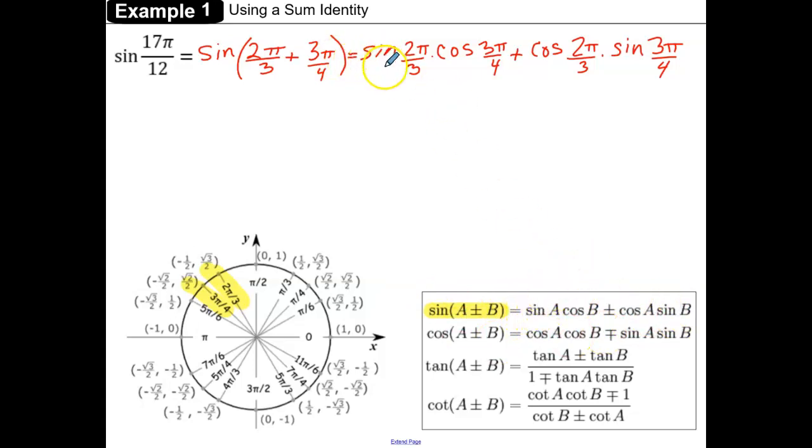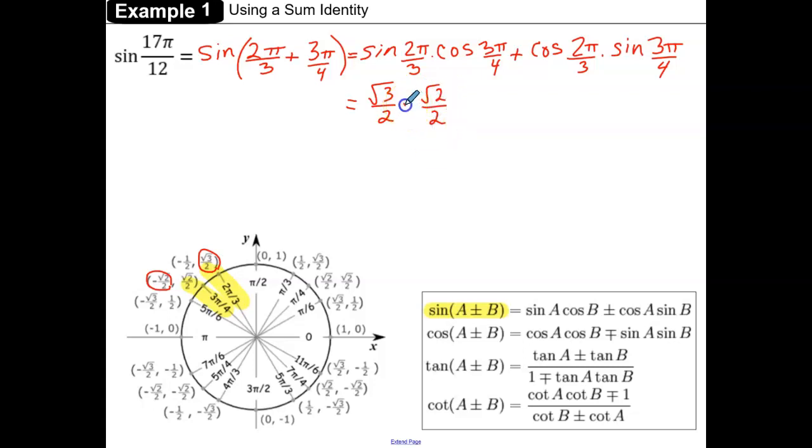Now, the sine of 2 pi over 3 is the y-coordinate at 2 pi over 3, and that's the square root of 3 over 2. We multiply that times the cosine of 3 pi over 4. Cosine of 3 pi over 4 is the x-coordinate at that angle, and that is a negative square root of 2 over 2.